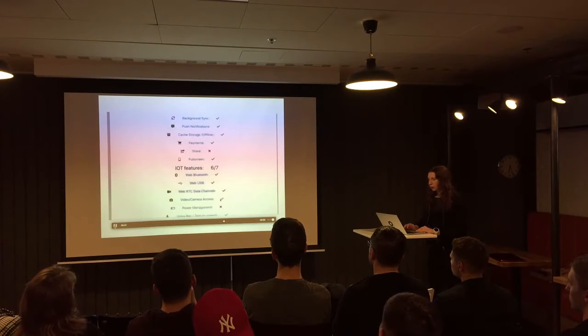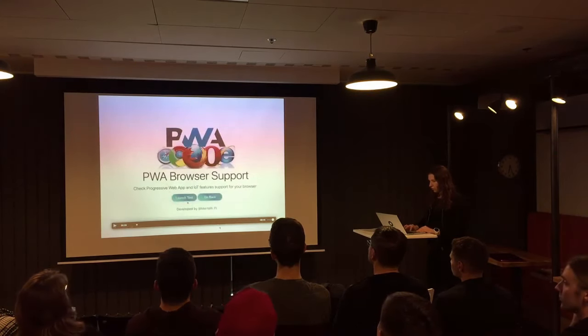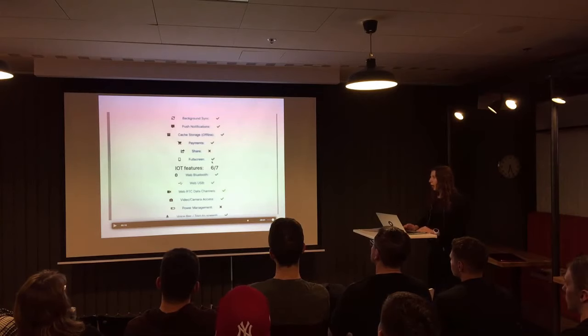And there is also a list of IoT features. So as you can see, you can use a lot of native features in your web app. You just need to have specific APIs, for example Bluetooth, USB, and the voice recognition API.